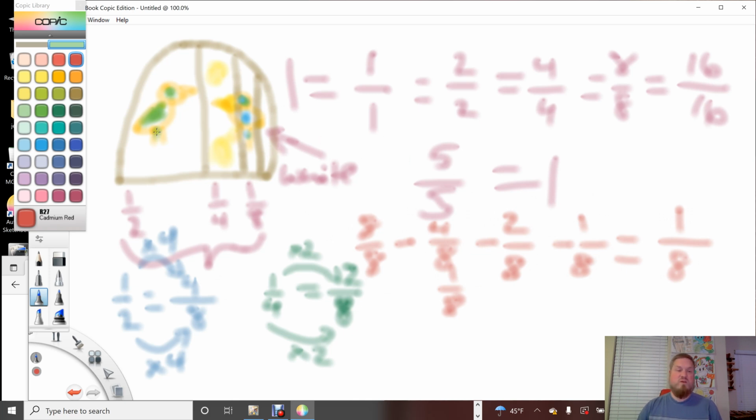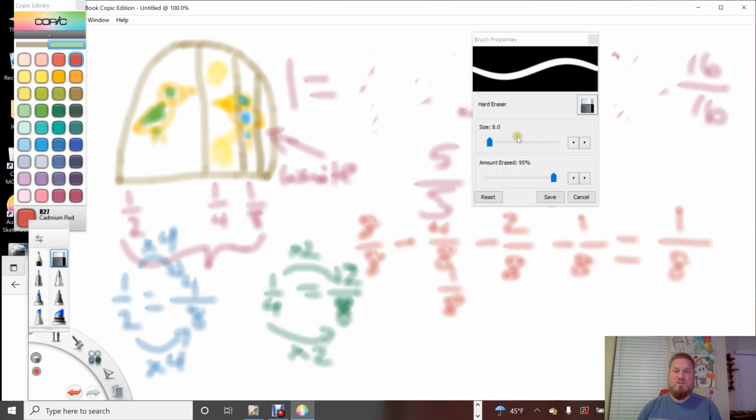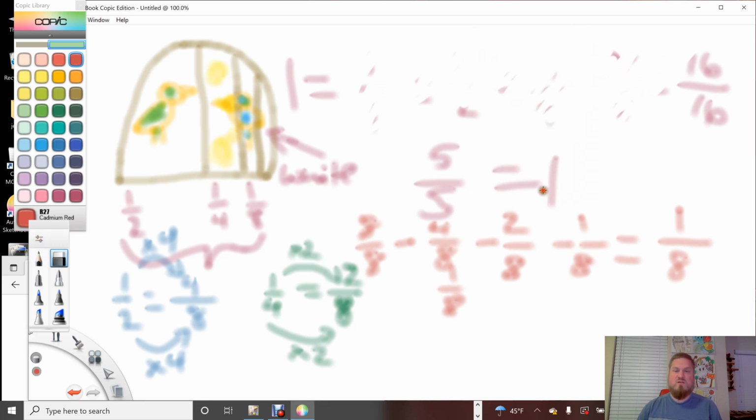Okay. One other way you could do it, it's pretty much the same. Let's clear out some of this. You can make a bigger eraser maybe. Oh, that's really big. All right. The way I kind of thought about doing it is add this amount up and then subtract it from 1. It's pretty much the same thing.